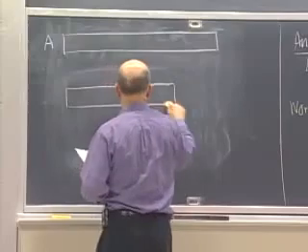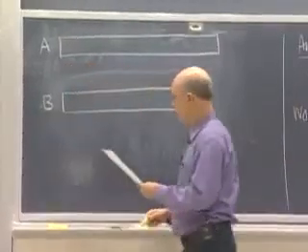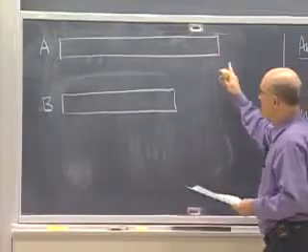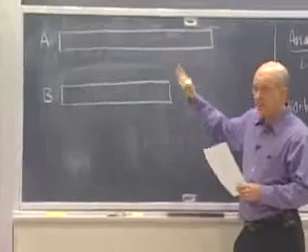We have 2 arrays, A and B. These are going to be already sorted, and our job is going to be to merge them together.